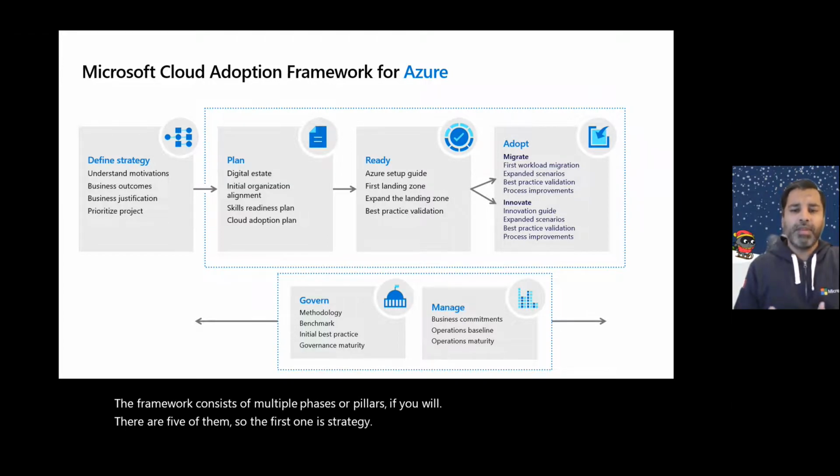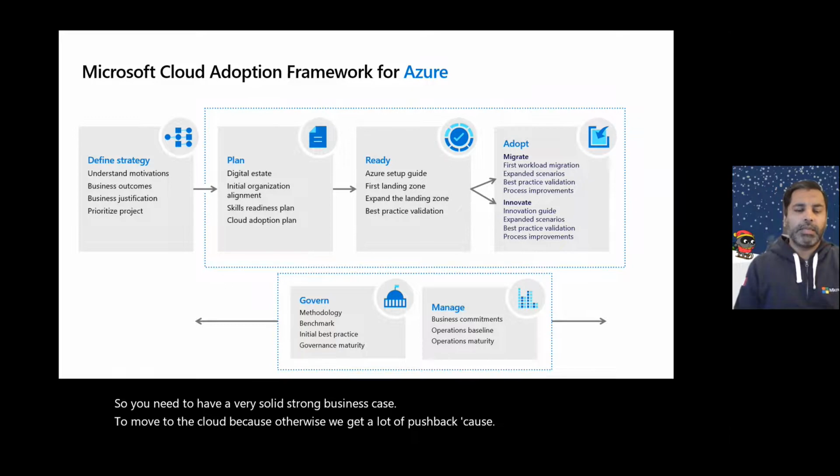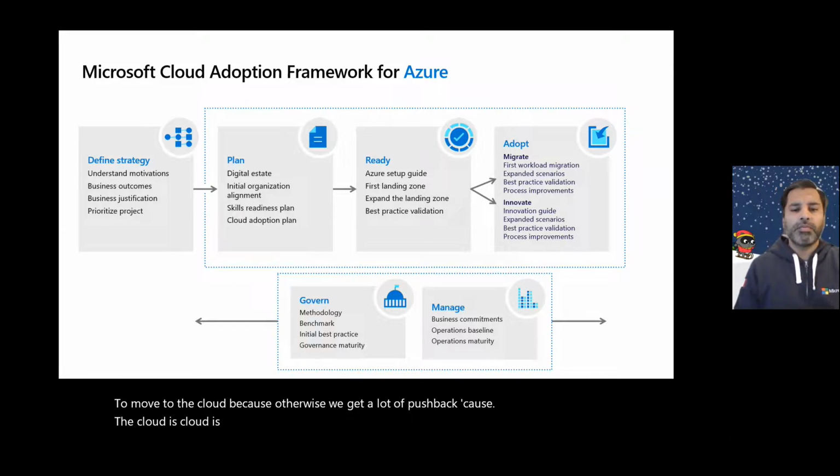You need to have a very solid, strong business case to move to the cloud, because otherwise you get a lot of pushback. Cloud is out there, but why move to the cloud? What is the business justification? Your CFO, your finance people are always going to ask, okay, what is it for me?